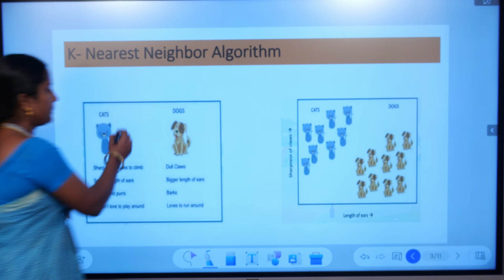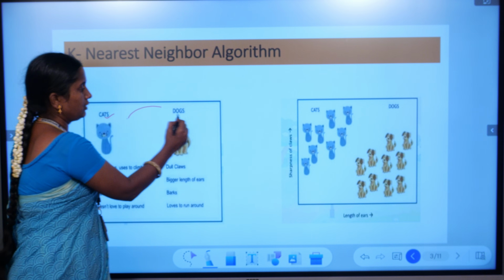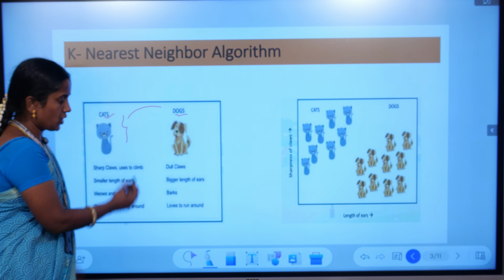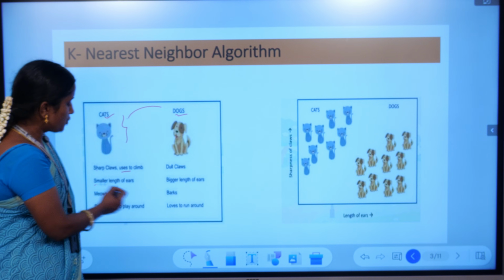Suppose we compare the features of a cat and a dog. We can tell that a cat has sharp claws and smaller ears.